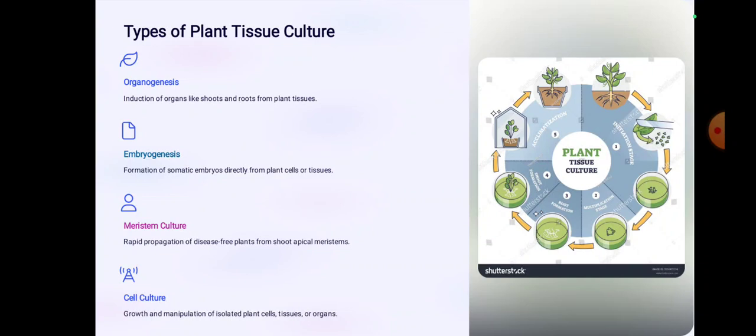Embryogenesis is the formation of somatic embryos directly from plant cell or tissue. Meristem culture is the rapid propagation of disease-free plants from shoot apical meristem. Cell culture is the growth and manipulation of isolated plant cells, tissues, or organs.